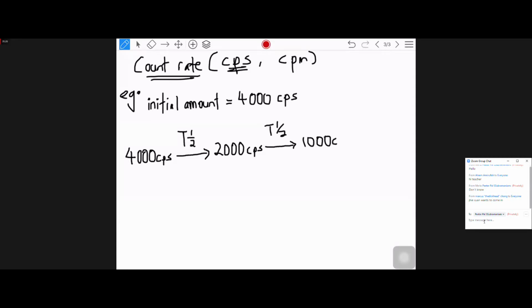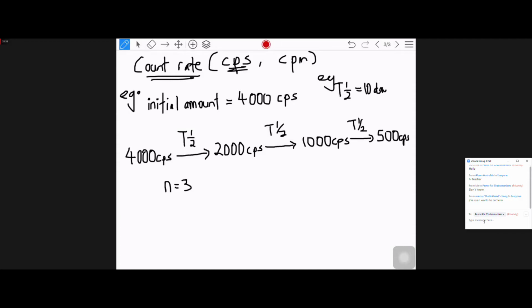After the third half-life, it will be 500 counts per second. So for this example, the number of half-lives that occurred is 3. If I say, for example, the half-life is 10 days.